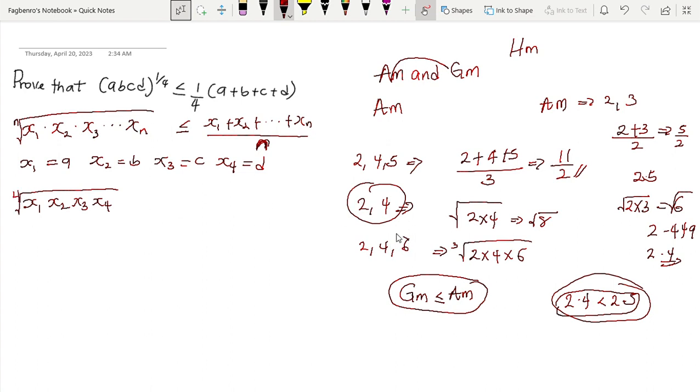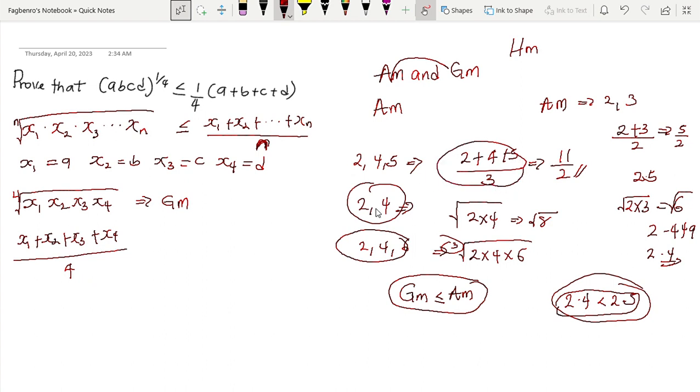Don't forget, previously we took the cube root because we had 3 numbers. Now we are having 4 numbers. That will be your GM. If your x1 is A, x2 is B, x3 is C, and x4 is D, then to find the AM, that will be x1 plus x2 plus x3 plus x4, everything over 4, because we have 4 numbers. Don't forget, when we had 3 numbers, we divided by 3, but now we have 4 numbers.